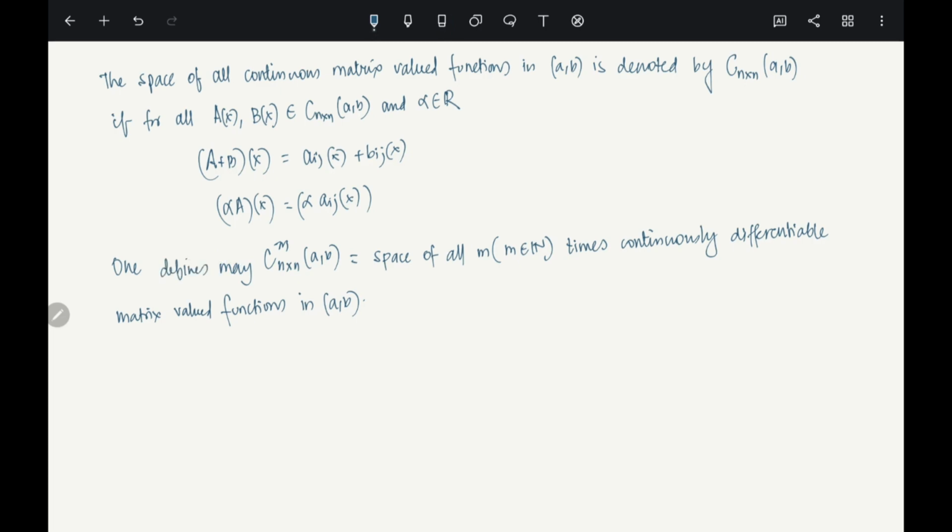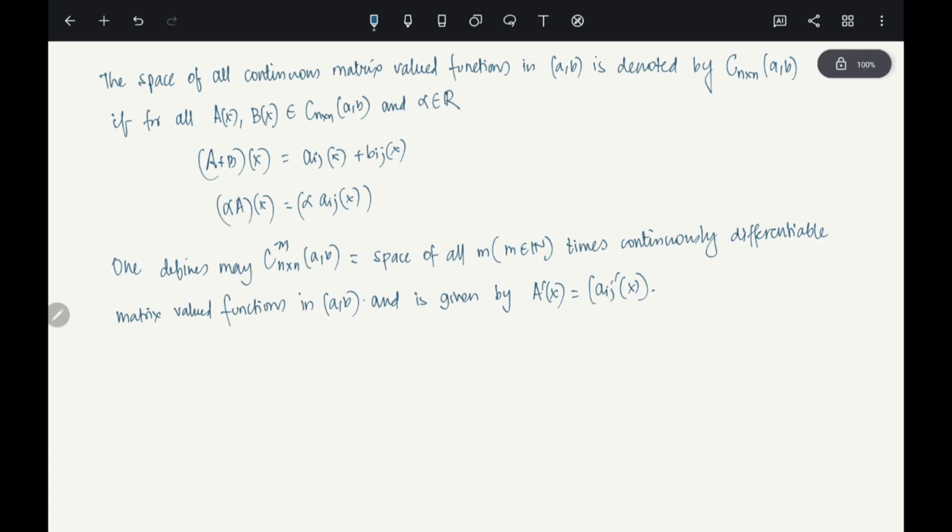Okay, now the thing is, how do you define the derivative of such a thing? A prime of x is given by a_ij prime of x, okay. So this is how we define it. Now you see, first of all, let's say I want to talk about the determinant of A(x).